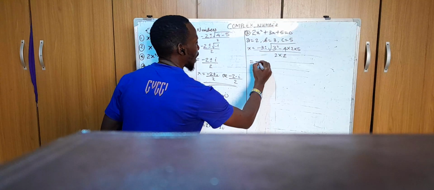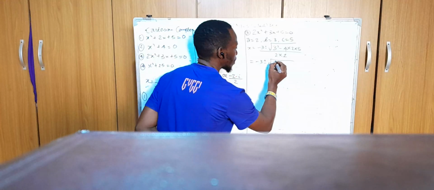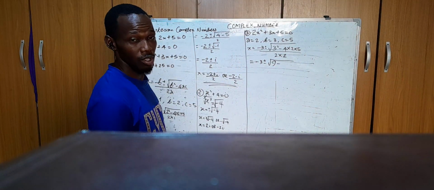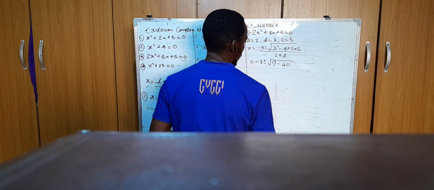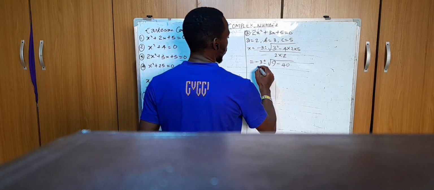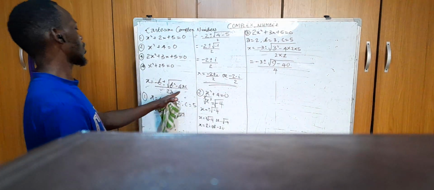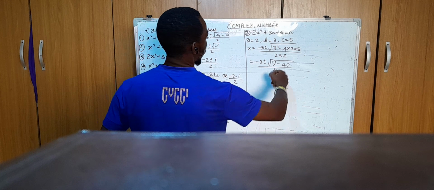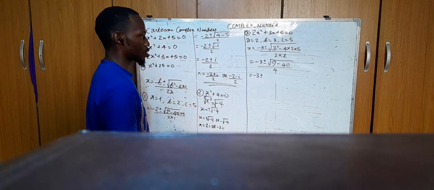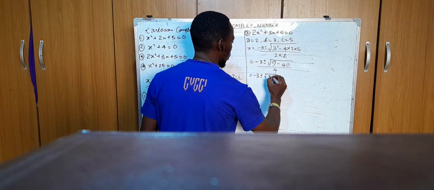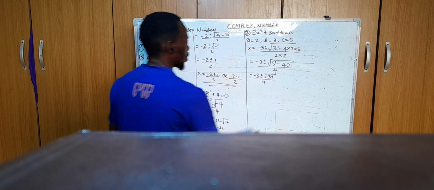So this is minus 3 plus or minus, 3 squared is 9, minus 4 times 2 is 8, 8 times 5 is 40, over 4. Am I correct? 4 times 2 times 5. Alright. Yeah, it's correct. So we have minus 3 plus or minus the square root of minus 31 over 4.